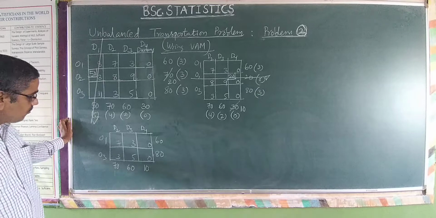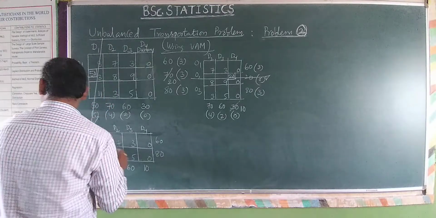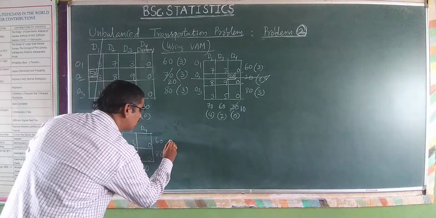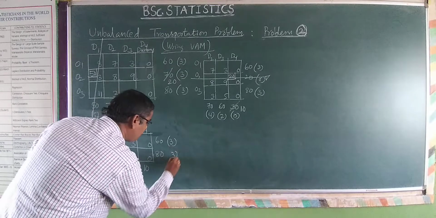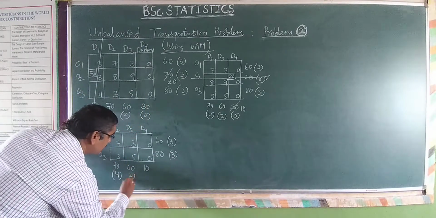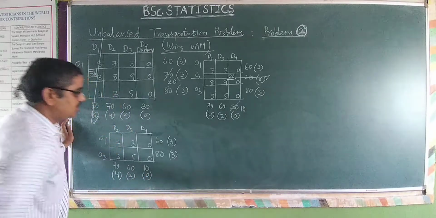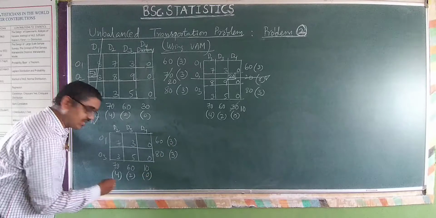So therefore now we have to again calculate the penalties here. 3 and 0 it is 3, and 3 and 0 is again 3, 7 and 3 it is 4, 3 and 5 is 2, and 0 and 0 it is 0. Now we have to calculate the largest penalty.